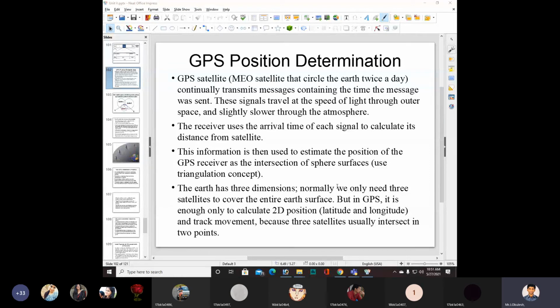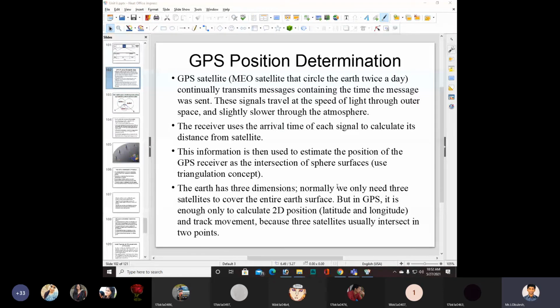But in GPS, it is enough only to calculate the 2-dimensional position, latitude and longitude, and track the movement, because 3 satellites usually intersect in 2 points.